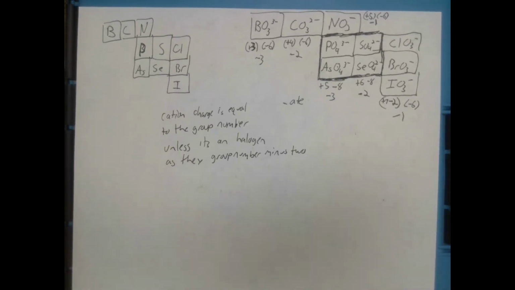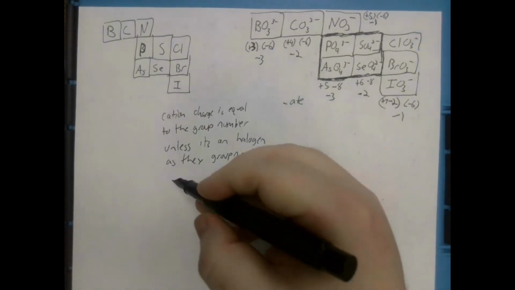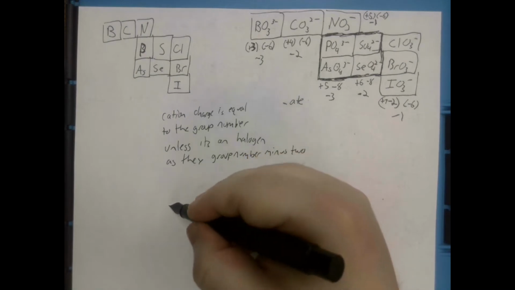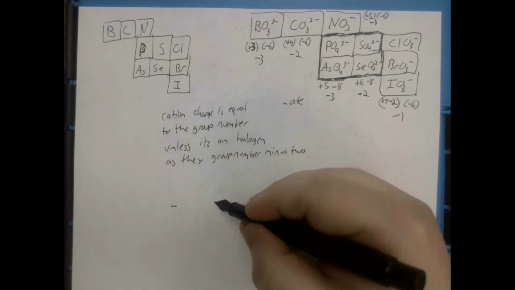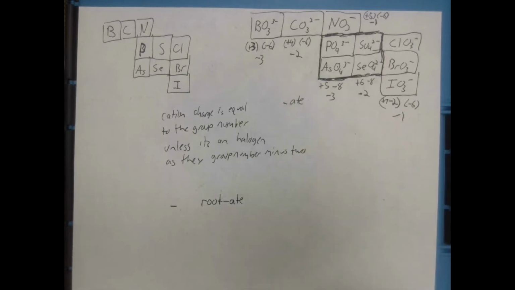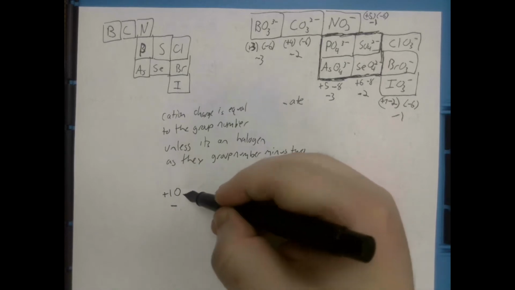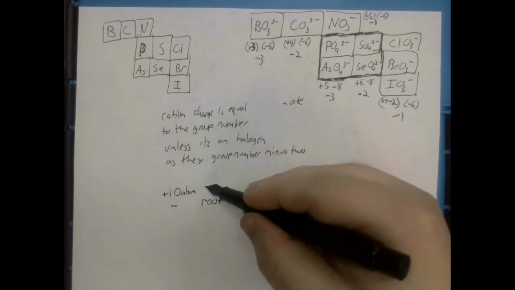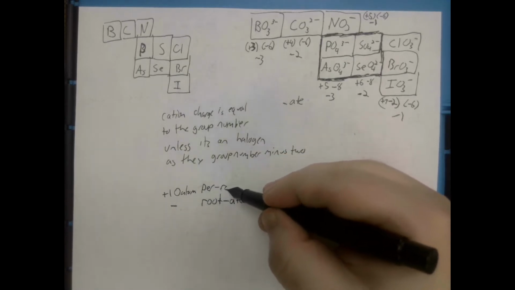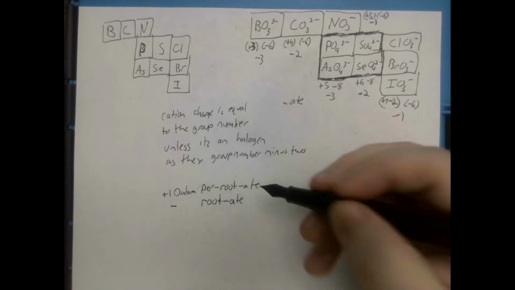And then if it's the -ate, the base one is just going to end in -ate, so it's going to be root-ate. If it's plus 1 oxygen atom, then it's going to be per-root-ate.